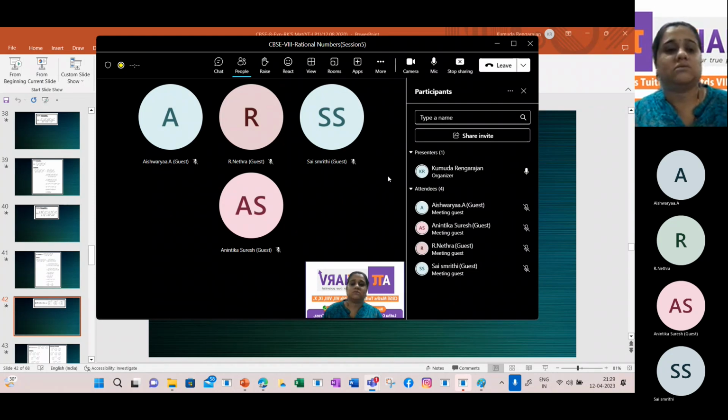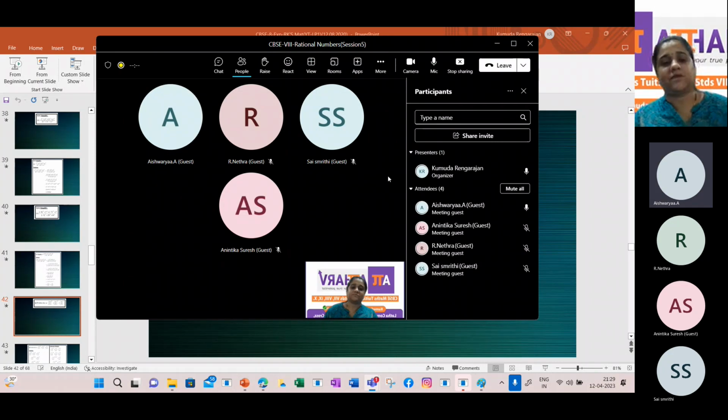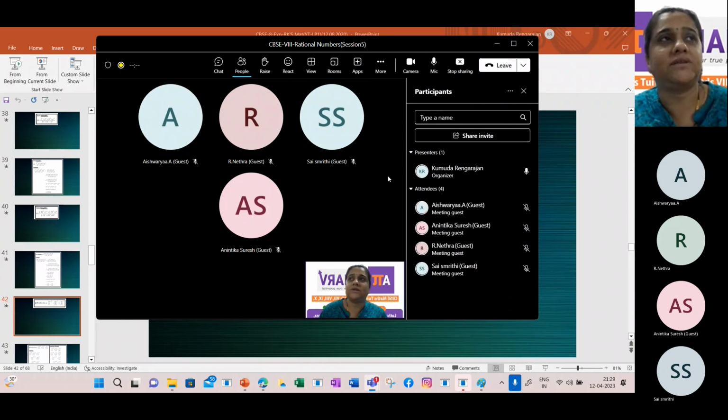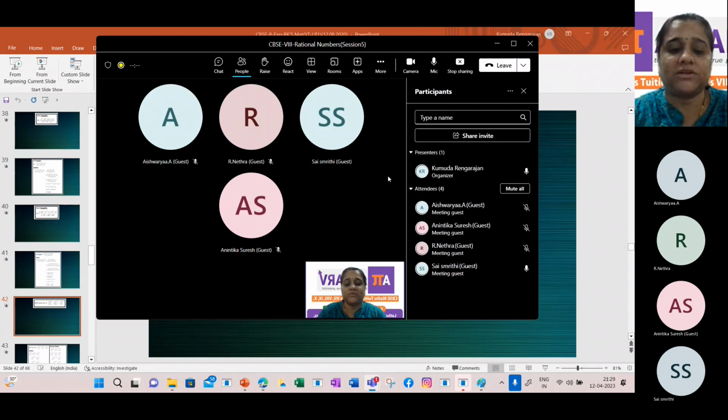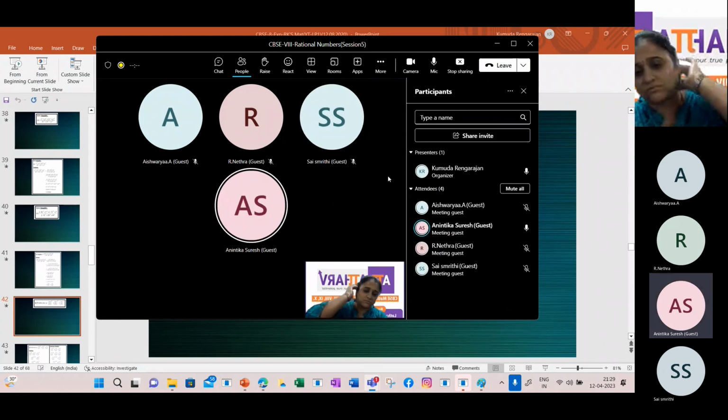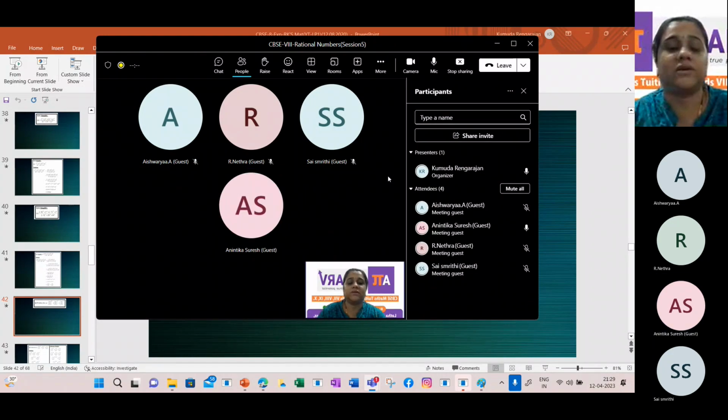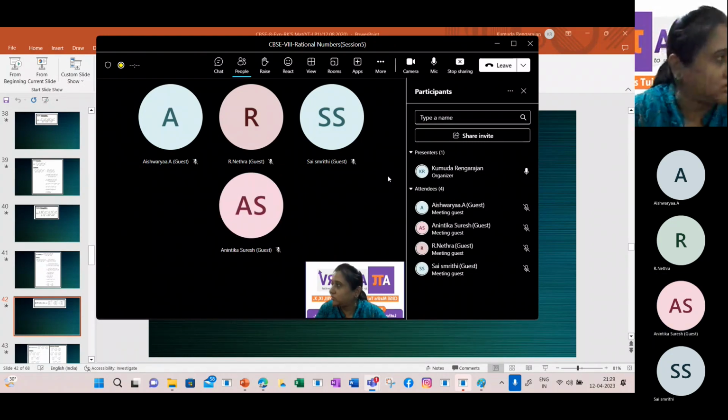Aishwarya, understood everything discussed today? Yes, ma'am. What about Netra? What about Sai Smriti? Sai Smriti, you told me you had some network issues and could not follow the meeting completely. I'll share the recording with you. Don't worry. Anantika? Yes, ma'am, I understood everything. Very nice. And children here, was it clear?